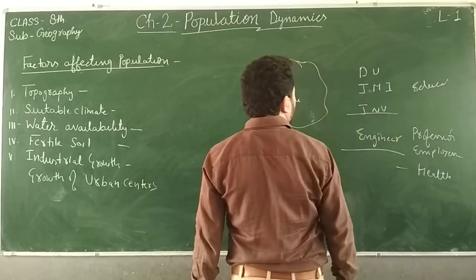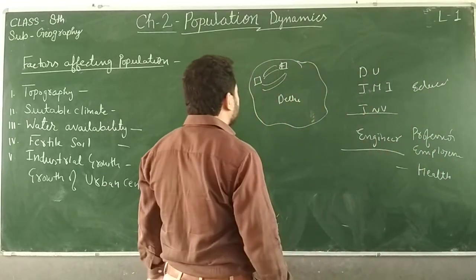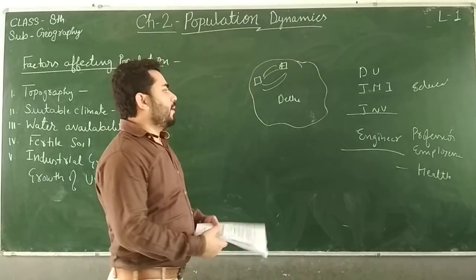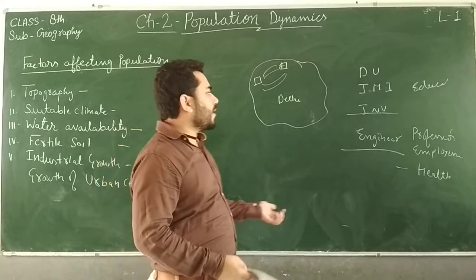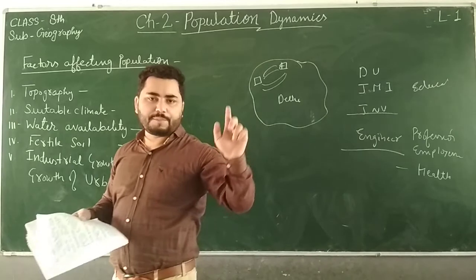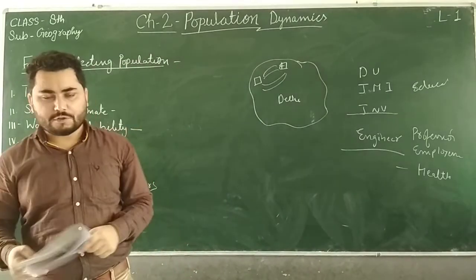Clear? So these things are there, and here we have good infrastructure in this urban city. Better facilities are there, so people go and settle there, and population is increased. That is also one of the factors affecting population.